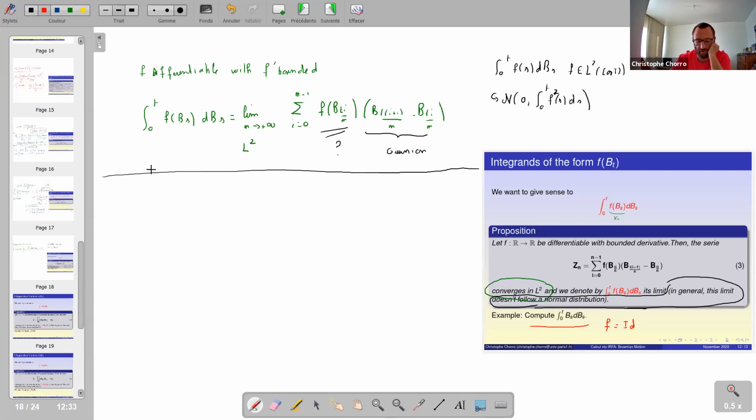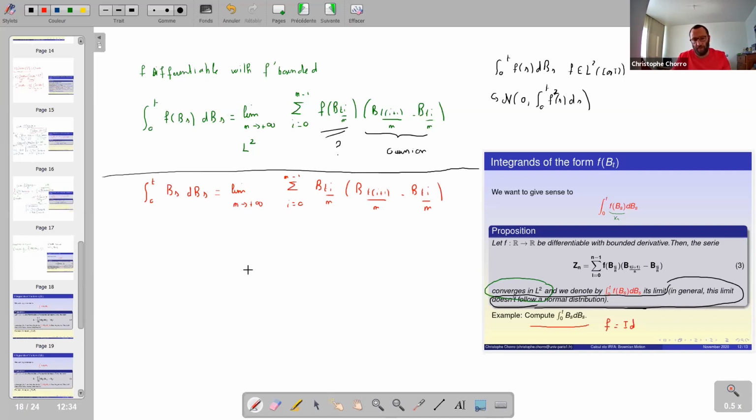If I want to compute the integral between 0 and t of B_s dB_s, by the definition implied by the proposition it is the limit when n goes to plus infinity of the sum from i equal to 0 to n minus 1 of B_{t_i/n} multiplied by B_{t_{i+1}/n} minus B_{t_i/n}. So I have this term to handle.